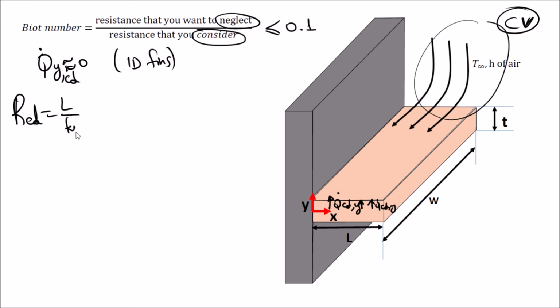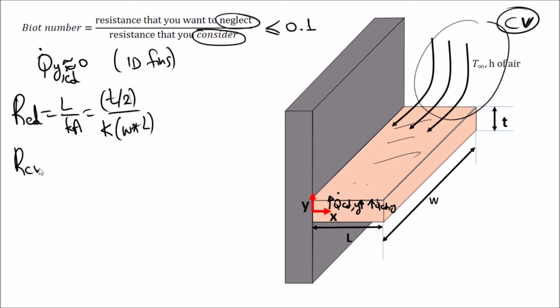So this is L by kA, and L is δ, here it is t by 2, divided by k times the area through which heat is transferred, and this area is W times L. We say that this is much smaller than the resistance for convection. We assume it, and we will prove it now.